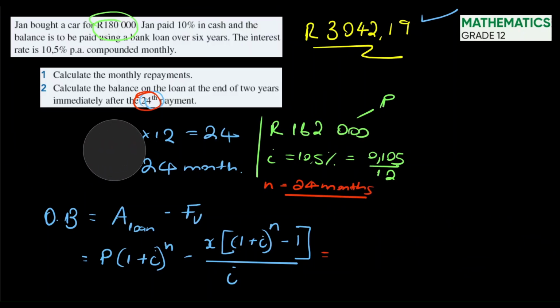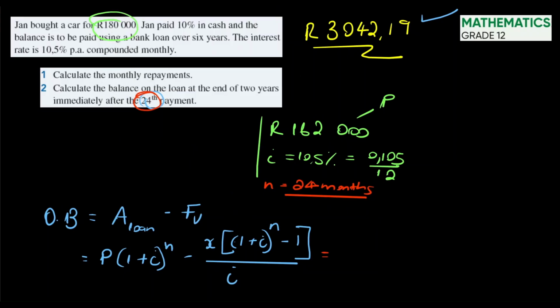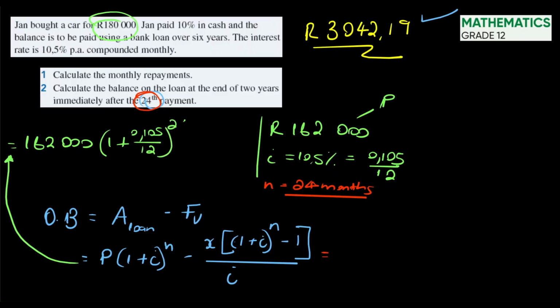Let's create it somewhere there, so as to not make our work look very unattractive. So it's 162,000, 1 plus the interest, which is 0.105, all divided by 12, and N, remember, is 24.